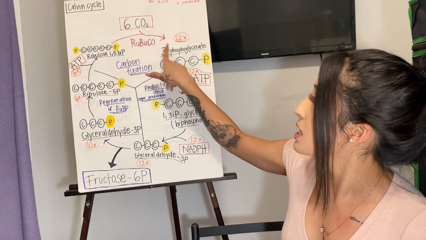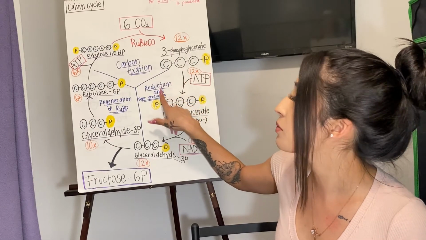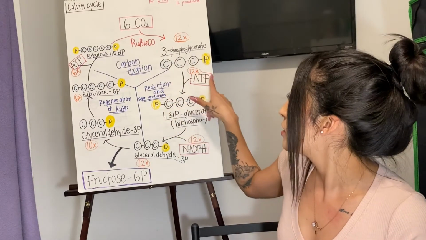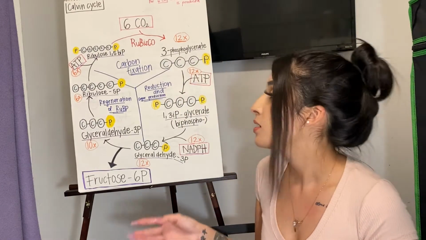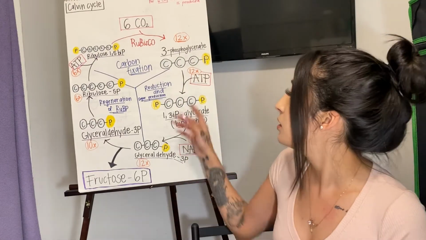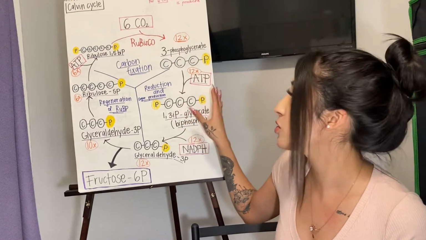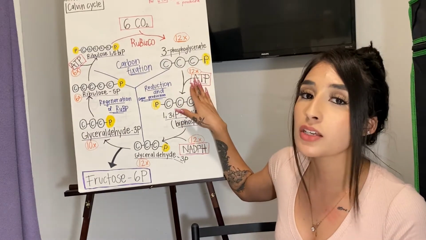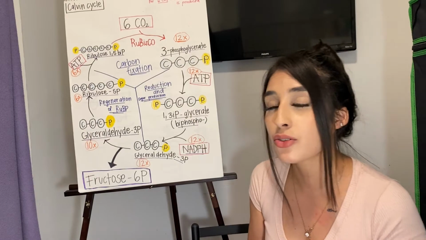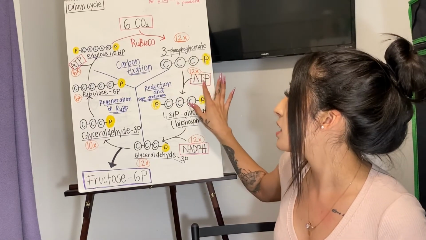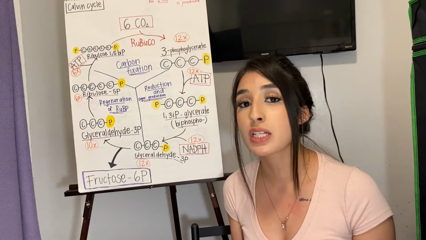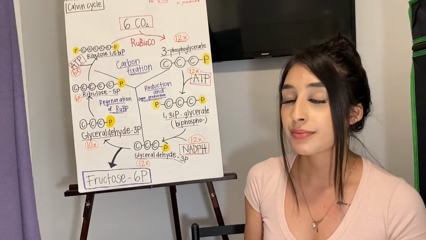So after this fixation, now we can go into the reduction and sugar production. Once we have those 12 molecules that were split, we need to add 12 molecules of ATP. We need to introduce an energy source. ATP will allow you to phosphorylate your molecule.